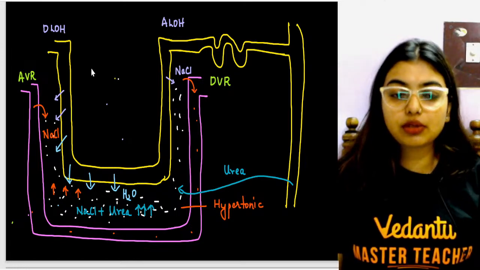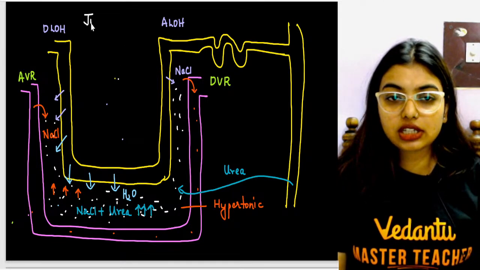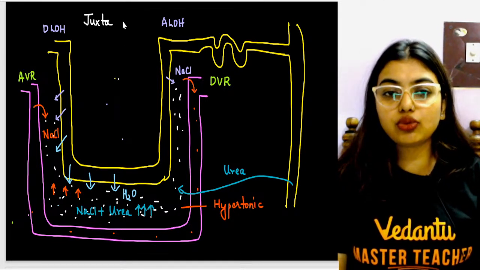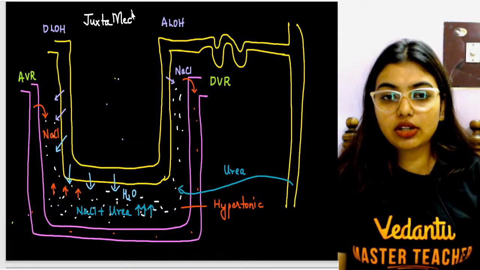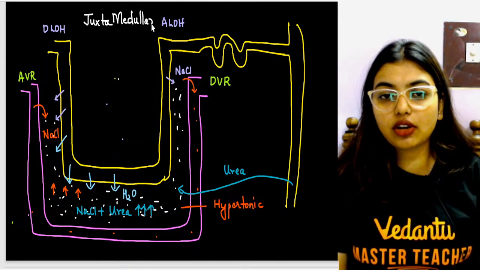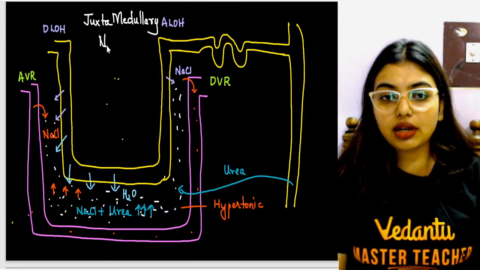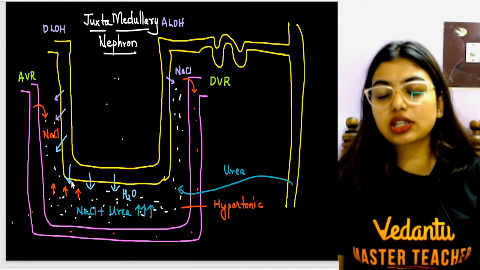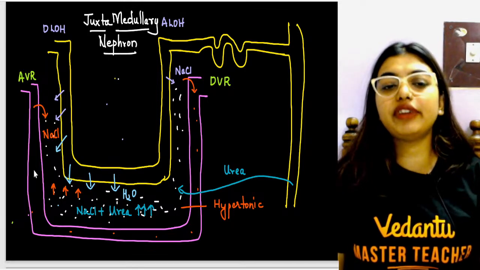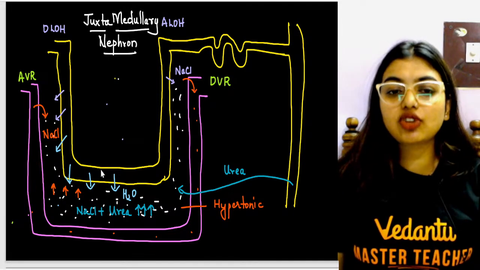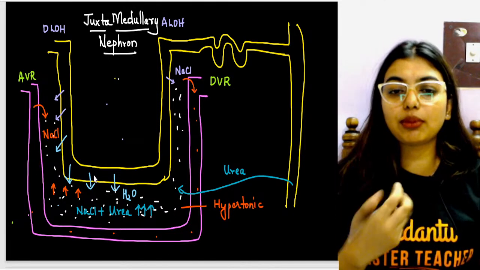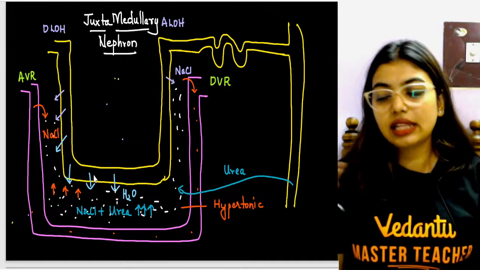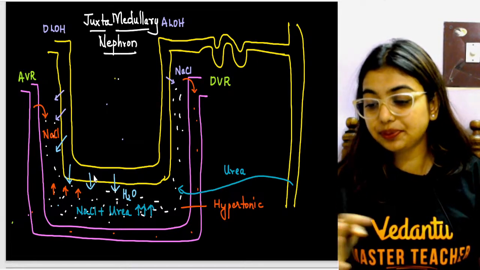So during this situation, your juxtamedullary nephron is going to do this job, because juxtamedullary nephron has vasa recta, if you all remember, and they have a long loop of Henle. This juxtamedullary nephron is going to do the countercurrent mechanism with the loop of Henle and vasa recta, where they will try to reabsorb as much water as possible from the tubule so that the urine coming out will be concentrated.